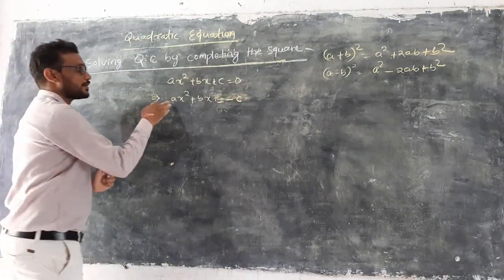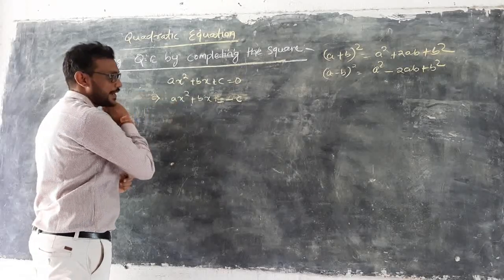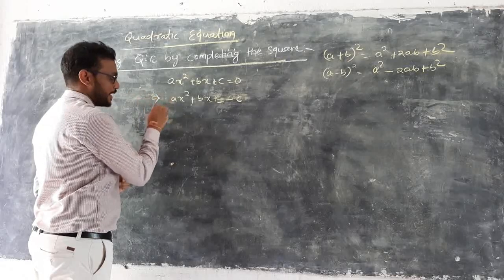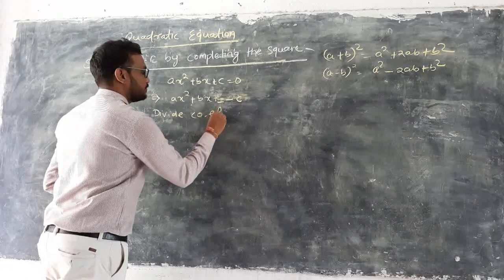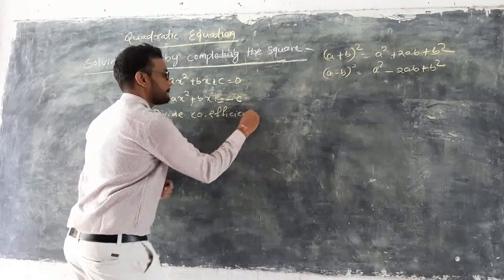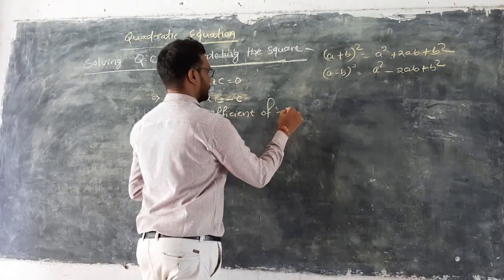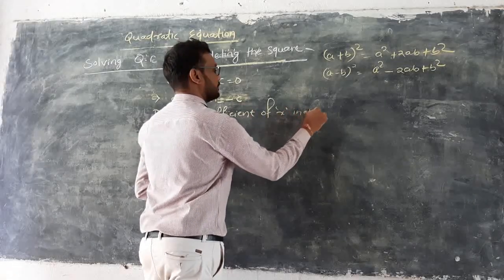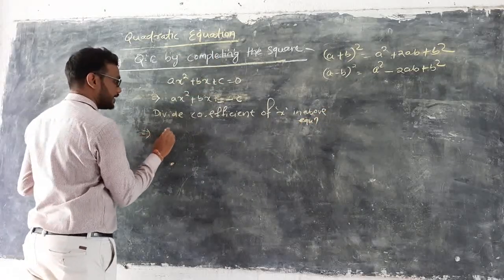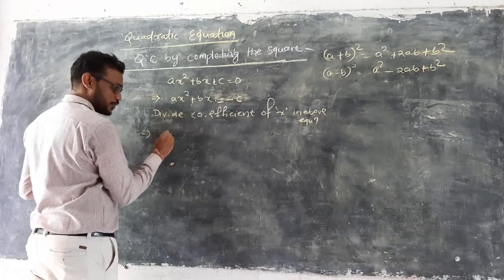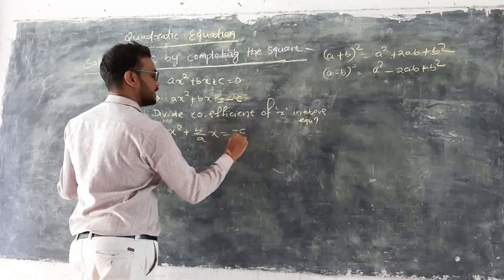Now divide by the coefficient of x square, a, in the above equation. So it will be x square plus b by a x equal to minus c by a.